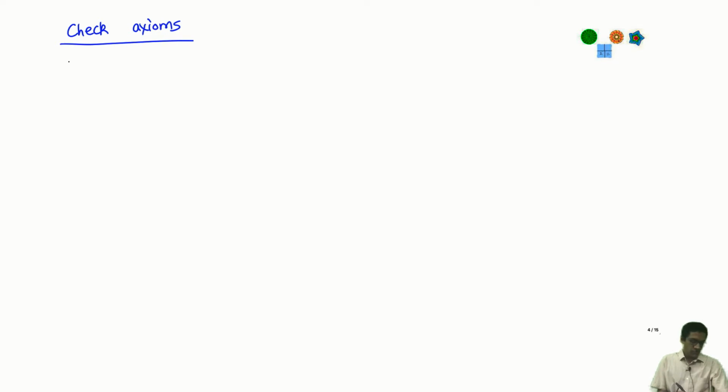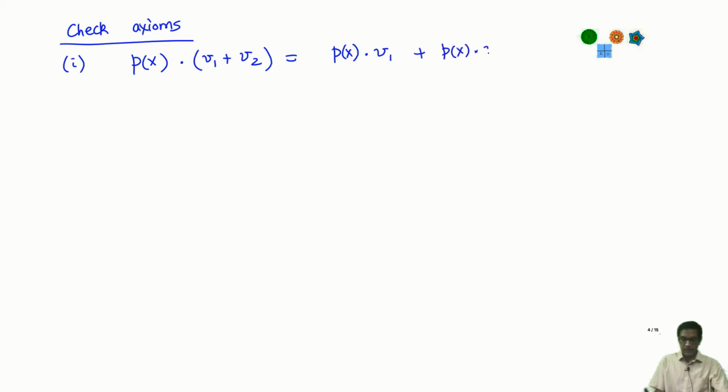Okay, so what's the first axiom say? It says that if I take a scalar, so in my case my scalar is some polynomial in x, I'll just call it p of x for now, times v1 plus v2, that should give me this polynomial acting on v1 plus this polynomial acting on v2.